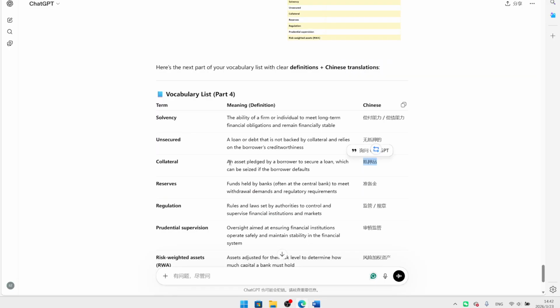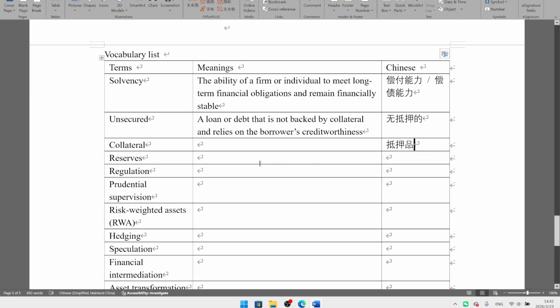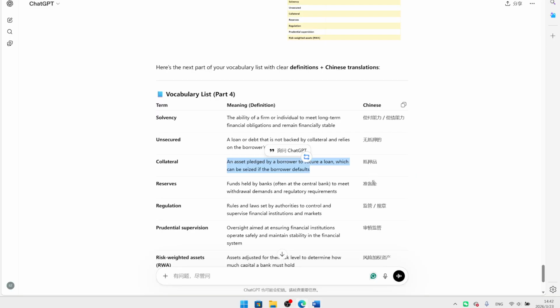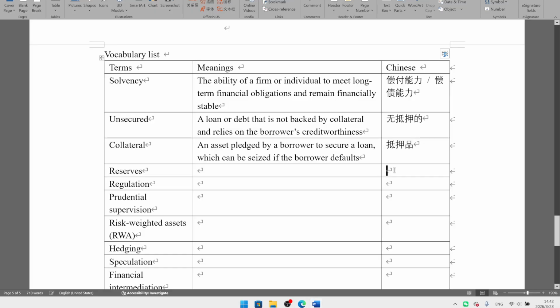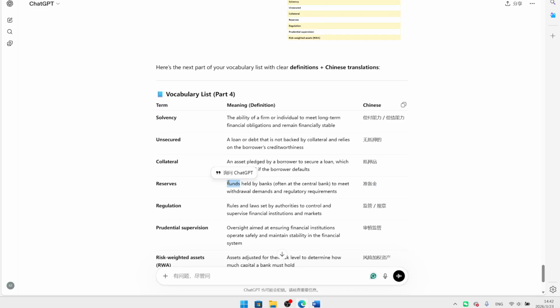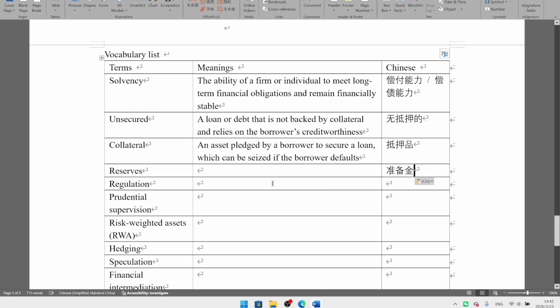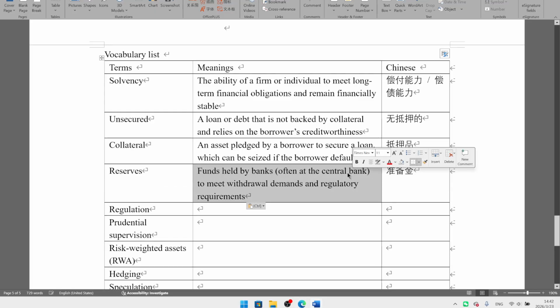Collateral is an asset pledged by the borrower to secure a loan, which can be seized if the borrower defaults. Reserves are funds held by a bank to meet withdrawal demands and regulatory requirements.